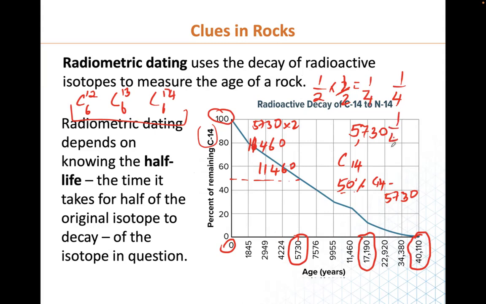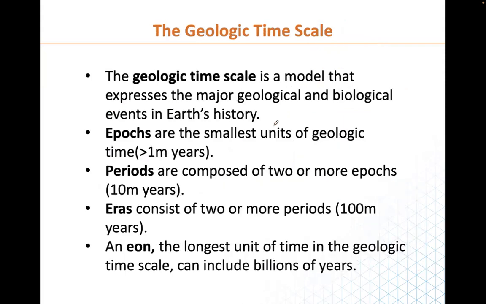So it takes 11,460 years for 1/4 of carbon-14 to remain. I think we understand: we calculate by half of what remains, not by the original. This is exactly what we need to understand, so you can check it properly.